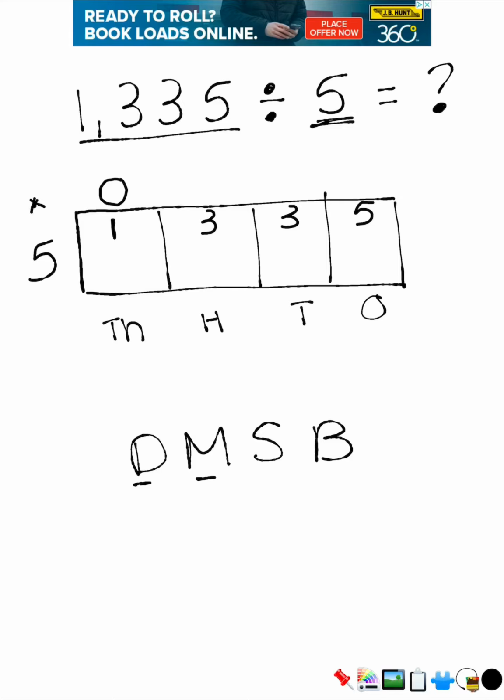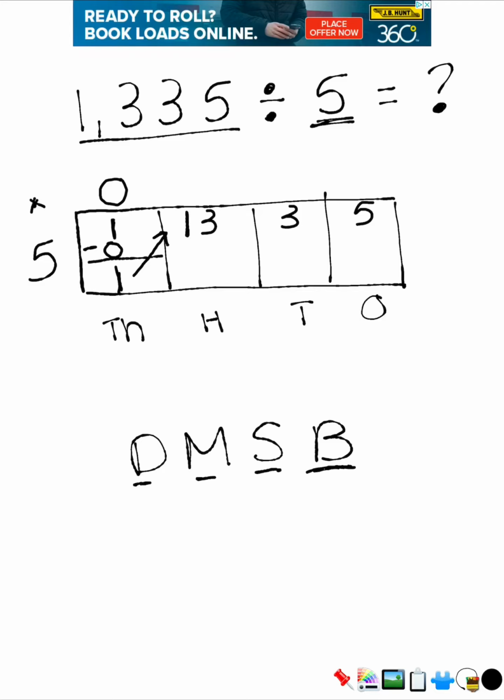I multiply 5 times 0, which gives me 0. My next step is to subtract. I'm going to subtract those two. 1 minus 0 gives me 1. And my next step is to bring over. So I'm going to bring that 1 over to the next box.